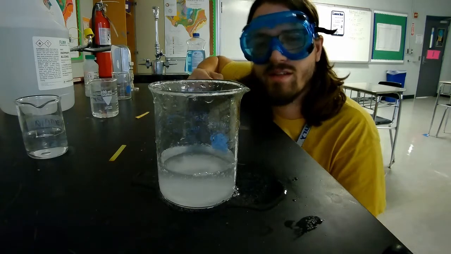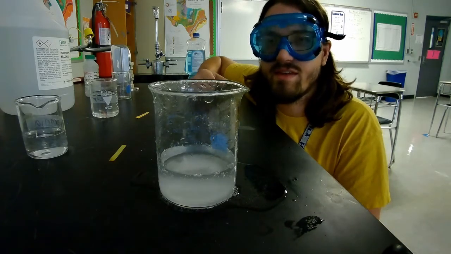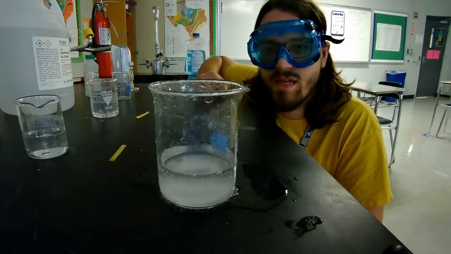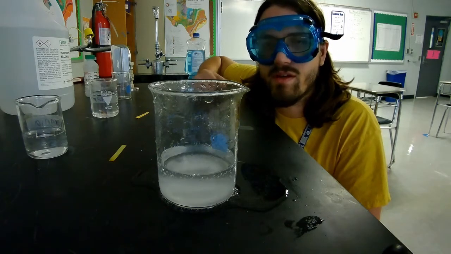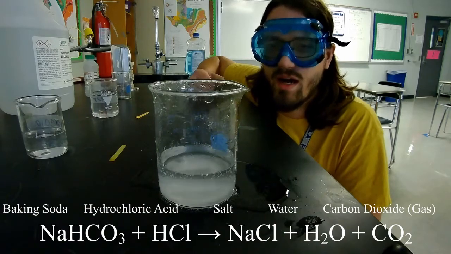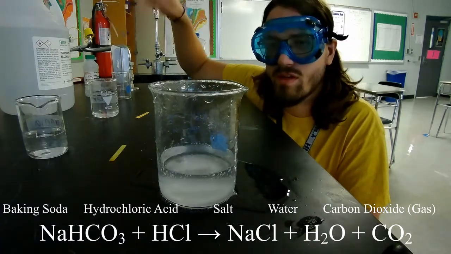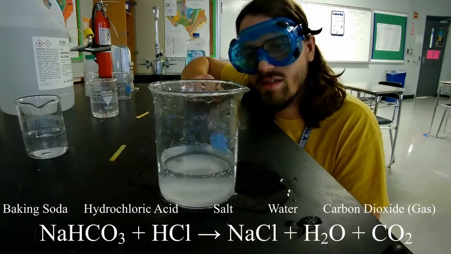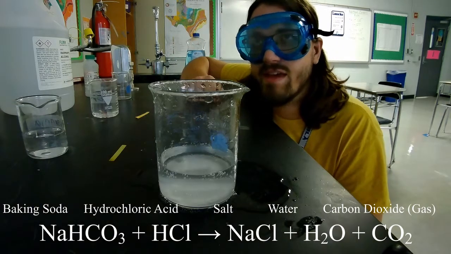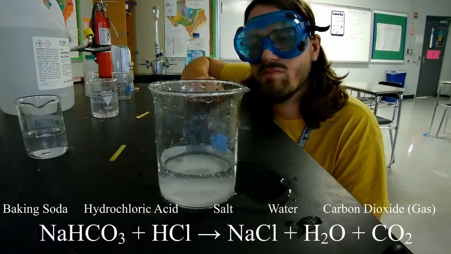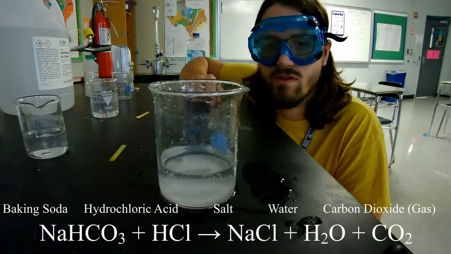What happened here is that the sodium in the baking soda, which is sodium bicarbonate, broke off and combined with the chlorine in the hydrochloric acid, resulting in simply NaCl, sodium chloride, which is just simple table salt.